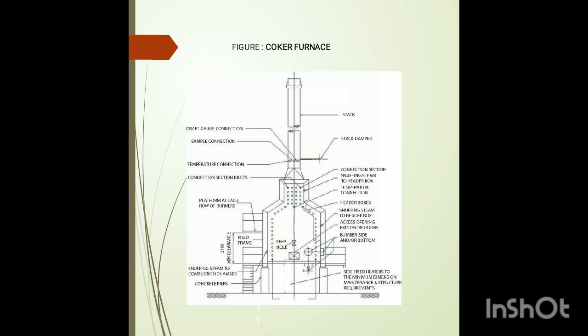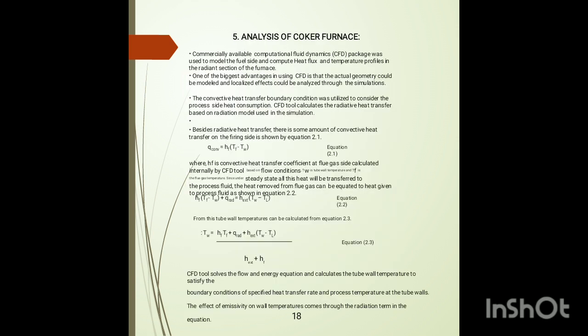Another method is increasing the coker furnace length. As you can see here, this is the structure of the coker furnace used in refineries. To improve the coker furnace length, first we have to analyze it.